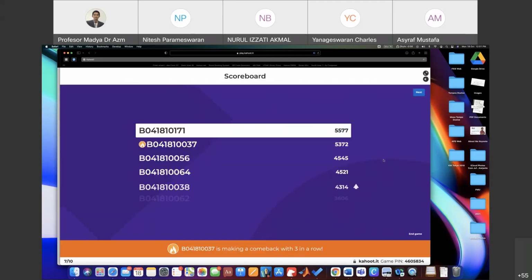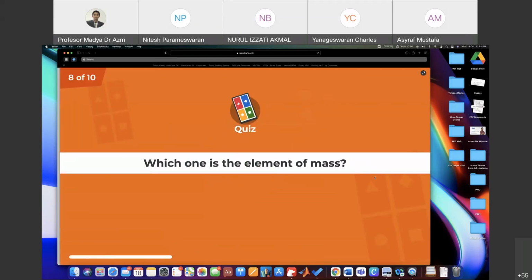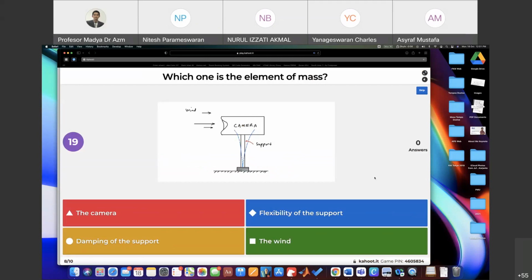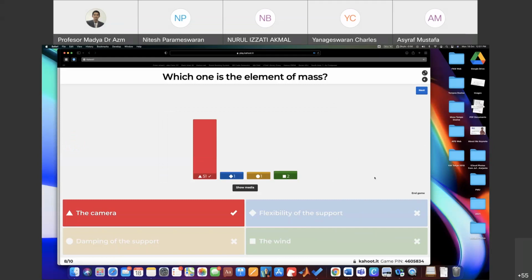Next. 37 hampir mengejar. 4 poin lagi. Okay, good.